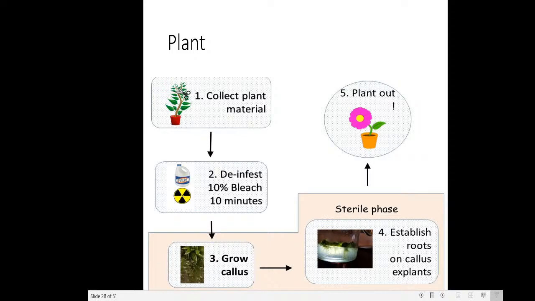After taking the callus, it is placed on a specific medium that contains root-forming material. The callus makes a root, and after root formation, the tissue is placed in shoot-forming medium, which helps shoot formation. The formed plant is placed in a pot.